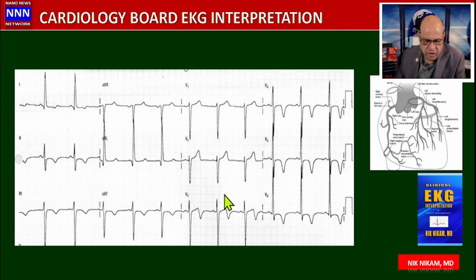So this is left ventricular hypertrophy with strain with some T-wave changes suggestive of ischemia in the inferior leads. If this patient were to come with a history of chest pain, you have to suggest that there's not only left ventricular hypertrophy with strain, but also some ischemic changes in the inferior leads.